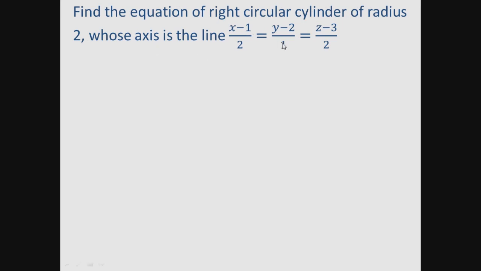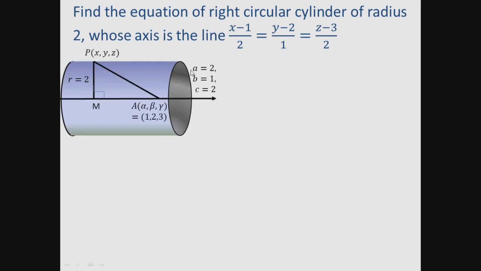So (1, 2, 3) is the point on the axis, and (2, 1, 2) are the DRs of the axis. We take all the given information: r is 2, alpha, beta, gamma is the point (1, 2, 3), and a, b, c is 2, 1 and 2.